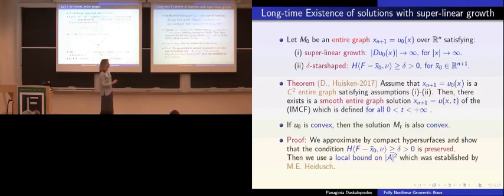Then we use something that was known already, a localized bound on the second fundamental form in the inverse mean curvature flow, which was done under the assumption that H is positive, otherwise it's not true, by a student of Huisken, Heidusch.